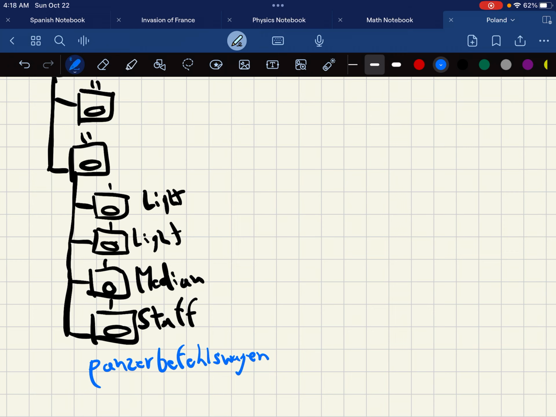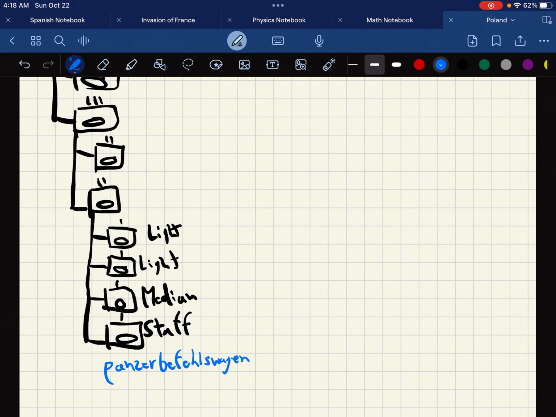Panzer Befehlswagen is just a type of tank that was often used as a staff tank or as a command tank, and there weren't too many of these. There were usually, I think, like 2 or so. I don't know if the math is correct, but hold on, not 2, 6. There should be 6 of these in each company. 6 Panzerbefehlswagens.